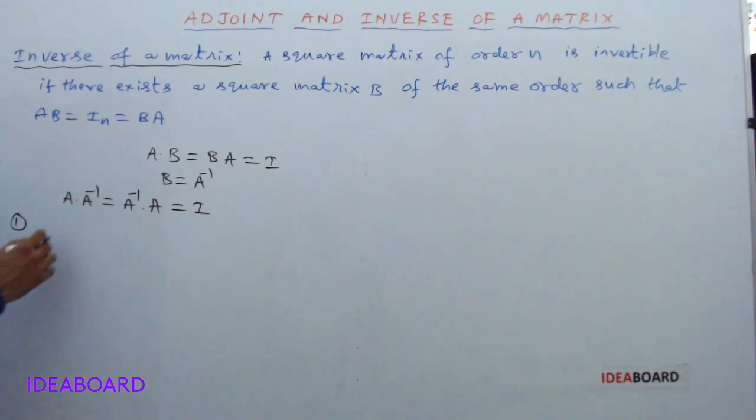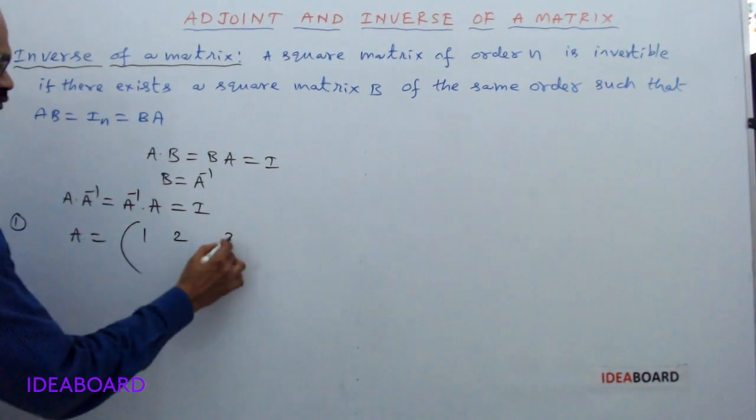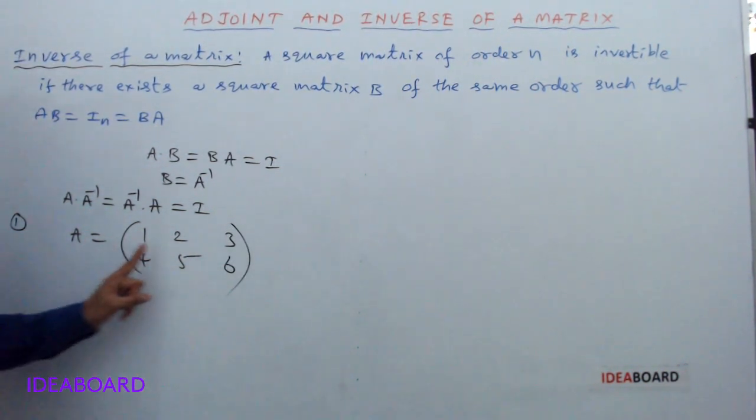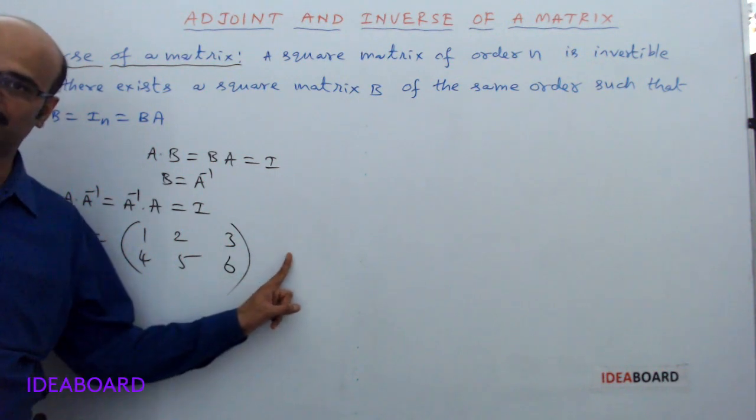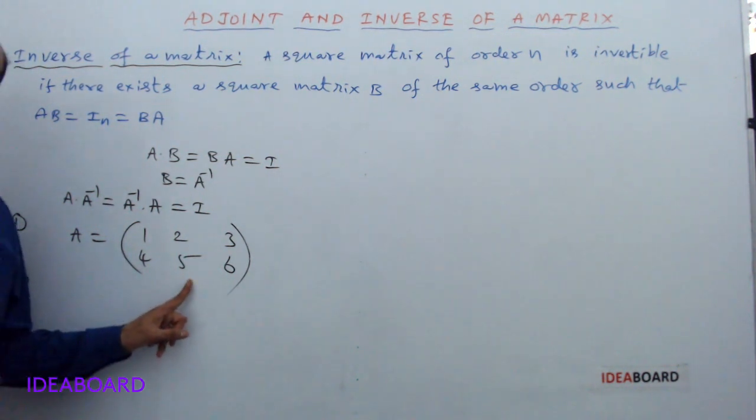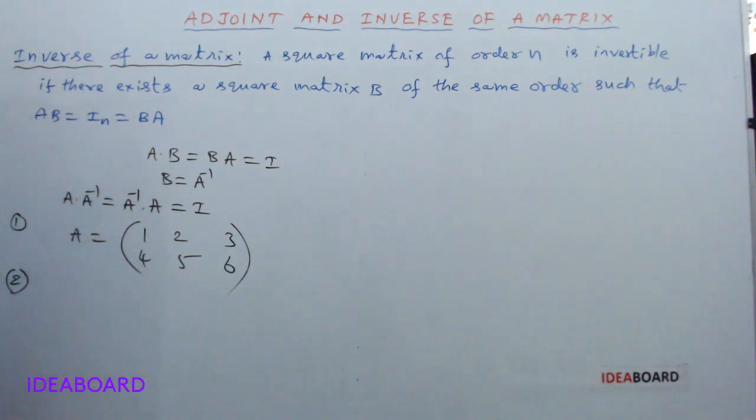If you take a rectangular matrix A equal to 1, 2, 3, 4, 5, 6, the inverse of the rectangular matrix does not exist. Second, every square matrix need not be invertible. Every square matrix does not have an inverse.